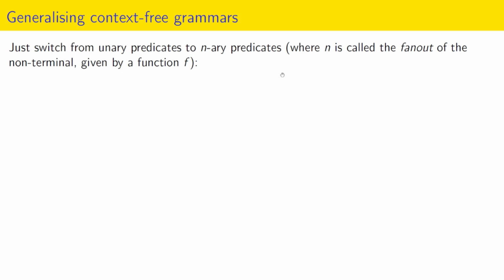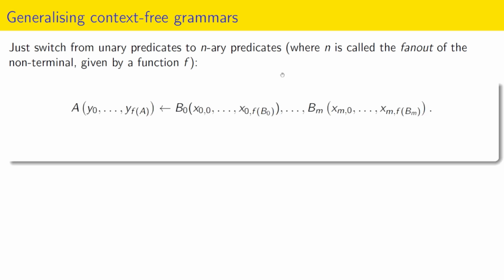So a very mild generalization of this is to allow the unary predicates that we just saw to take more than one argument. This creates something a bit more powerful than normal context-free languages. So you have something like this, the same as the last line of the previous slide.